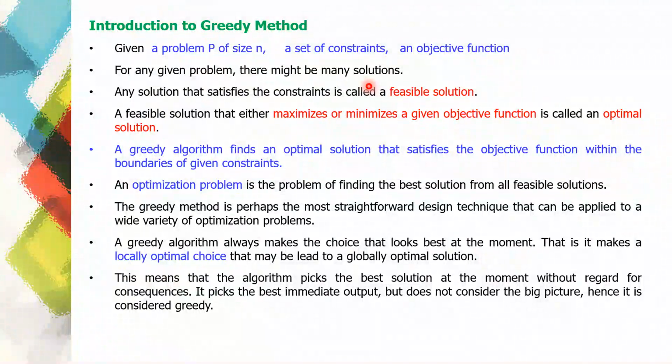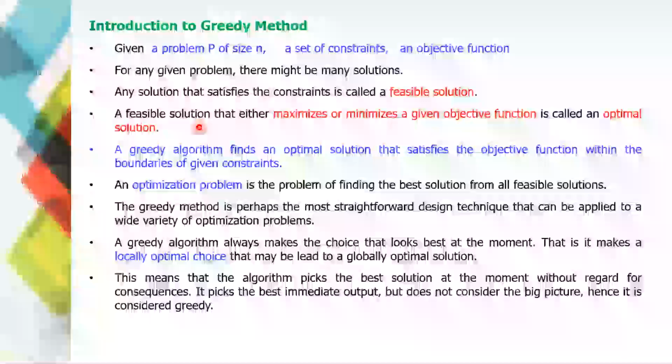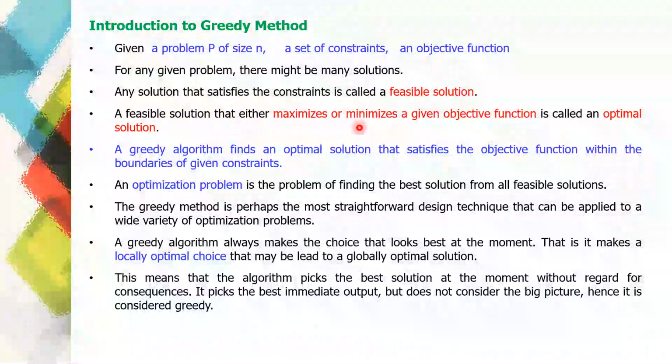Among those, any solution that satisfies the given set of constraints is called a feasible solution. And among all such feasible solutions, the one that either maximizes or minimizes the objective function is called an optimal solution.